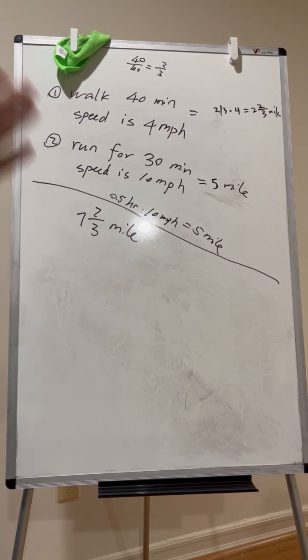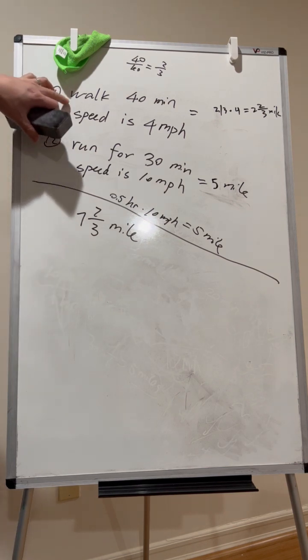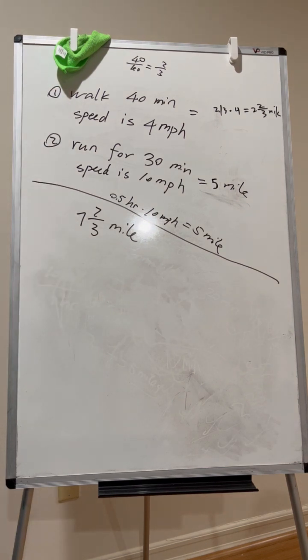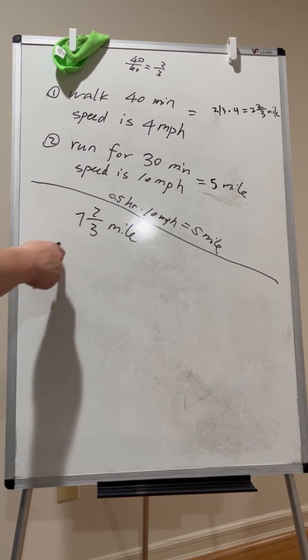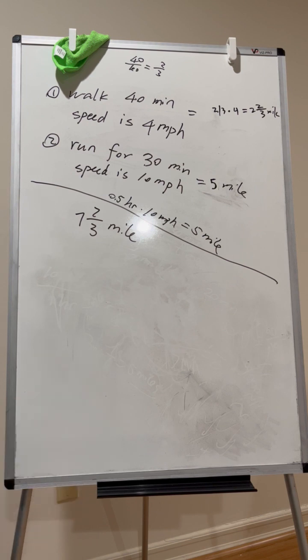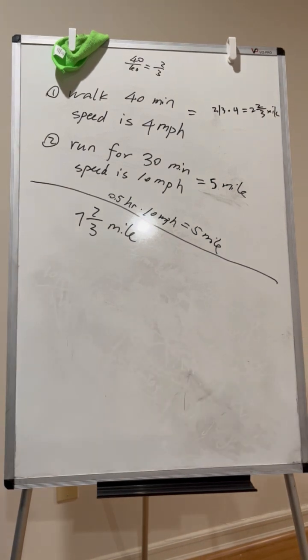So imagine you are no longer walking or running. Maybe you are walking a little bit faster, but you don't know what that speed is. And I'm telling you, you walked for 70 minutes and you traveled this far. What's your speed? How do you do it?